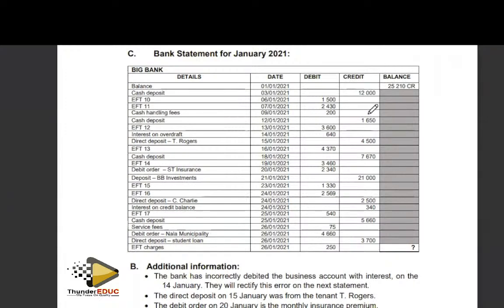This confuses students because they think that whenever money comes in, we have to credit. But remember, this statement is not for you, it's for the bank. Whenever you put money in the bank account, the bank is owing you that money. It's not their money, so you are increasing a liability to them. Remember, a liability increases by crediting.